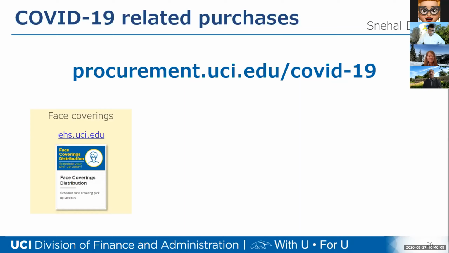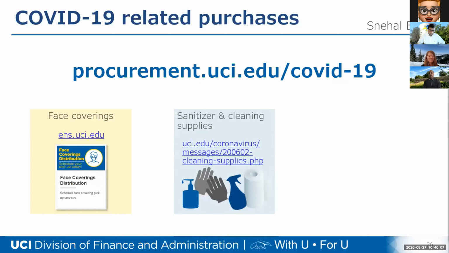So the items that the campus has agreed to provide to everybody are face coverings. Every employee, essential employee or employee that would be coming to campus even for a short period of time can get 3 washable or reusable face coverings.